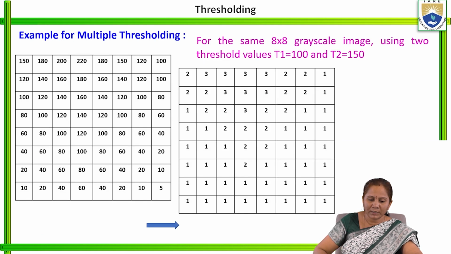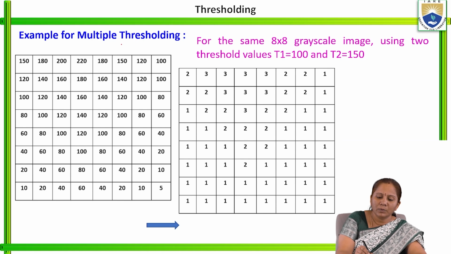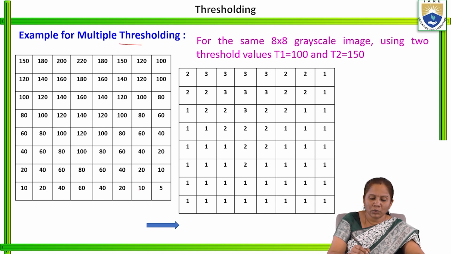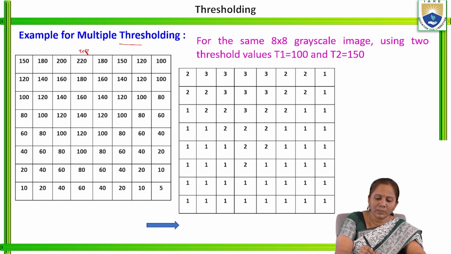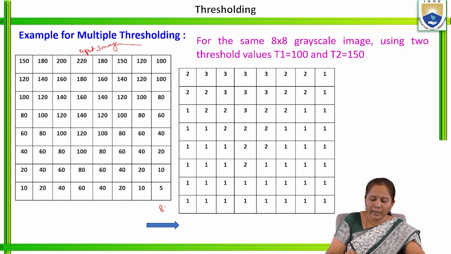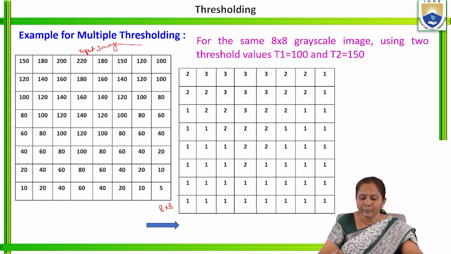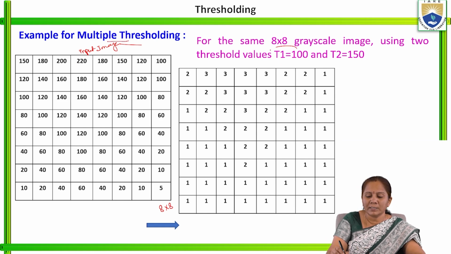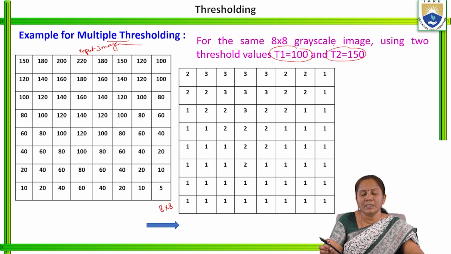Here we have considered one example which comes under multiple thresholding. This is the input image whose size is 8 by 8, and as it is multiple thresholding we have considered two threshold values T1 and T2. T1 is 100 and T2 is 150.